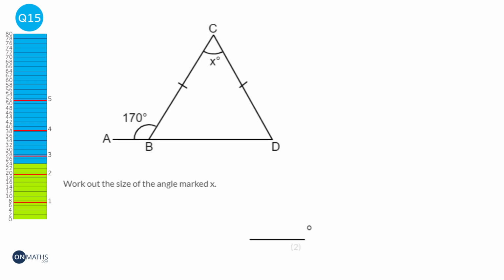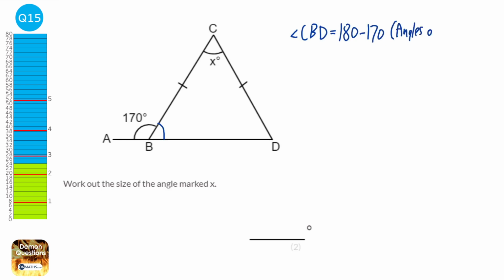The first thing we need to do is work out what angle CBD is. So we're looking for angle CBD, and that's going to be 180 take away 170, and the reason being is it's angles on a straight line.